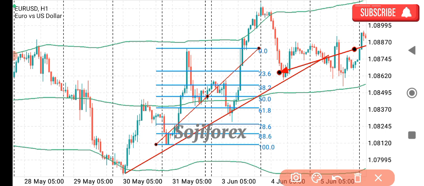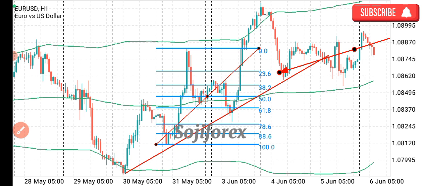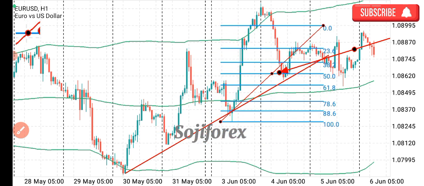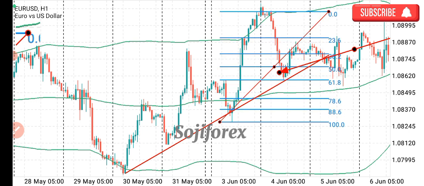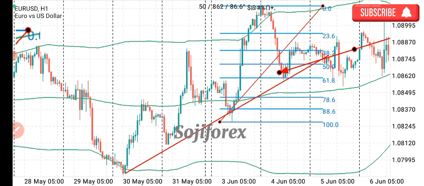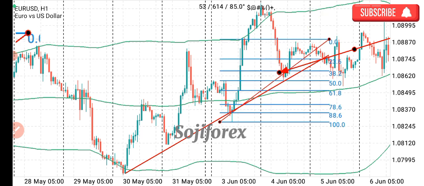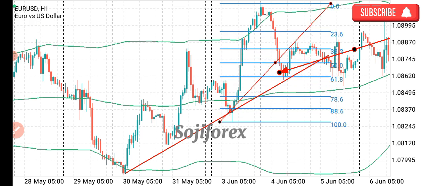But retracement will begin only if price closes at the 23.6 level of the Fibonacci. That is the beginning of a retracement. And you can see how that plays out. So you need to adjust it now to the next candlestick before you will be able to determine the retracement for this candle.